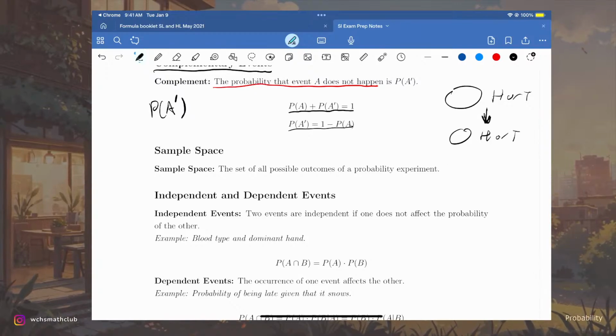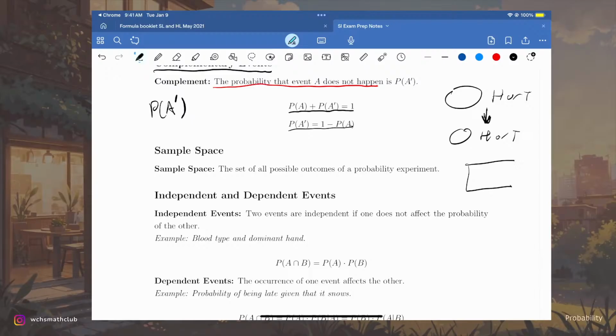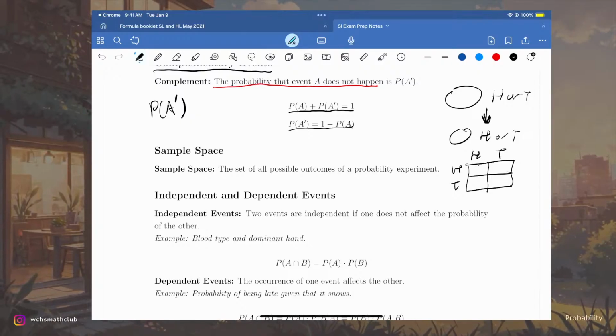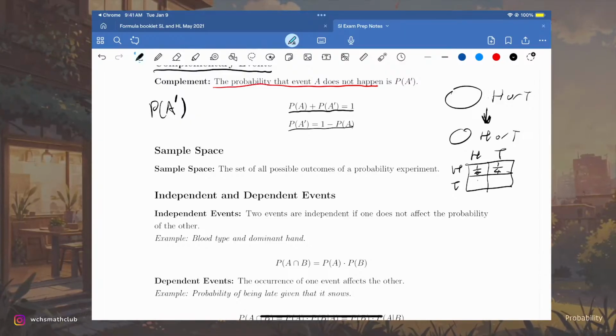And basically for the sample space, you'd draw a matrix like this: heads, tails, heads, tails. And then in each box, you'd put the probability of obtaining that outcome. So getting two heads, that's just 1/2 times 1/2 is 1/4. Same thing for one tail, one head. And that is basically a sample space.